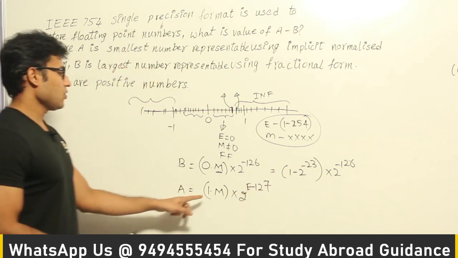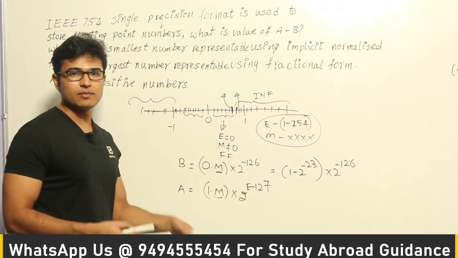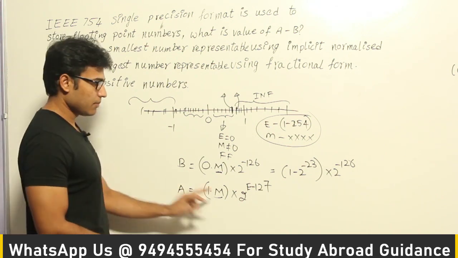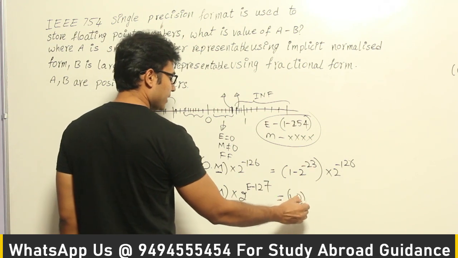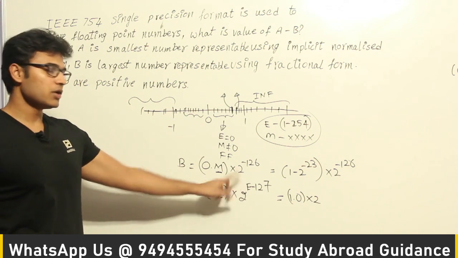Now in order to get the smallest number possible, m can be anything, so we can directly put m as all zeros. If I put m as all zeros, this is going to be 1.0 into 2 power e minus 127. Now what is e going to be?